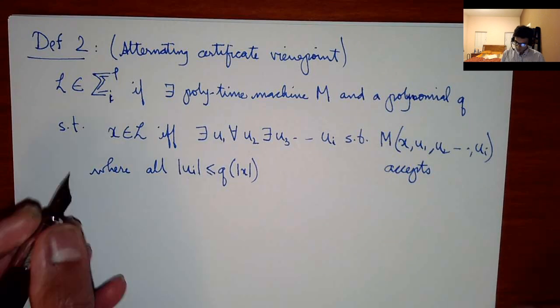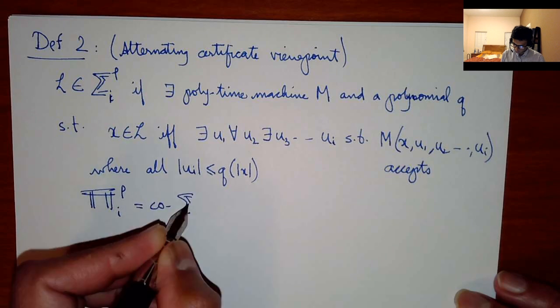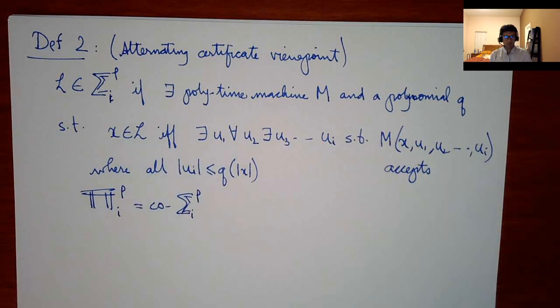And of course, we always just define pi I as co of sigma I. These complexity classes also appear a lot in database queries. If you're trying to understand the complexity of answering a particular database query, then notions like this come about.